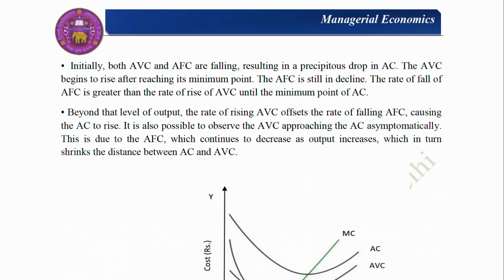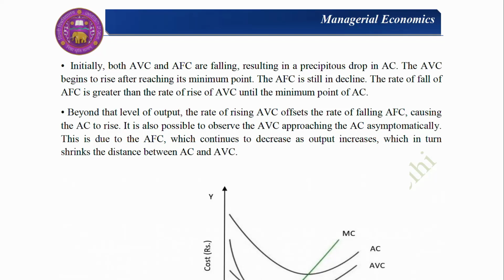Furthermore, initially both average variable cost and average fixed cost are falling, resulting in a precipitous drop in average cost. The average variable cost begins to rise after reaching its minimum point. The average fixed cost is still in decline.